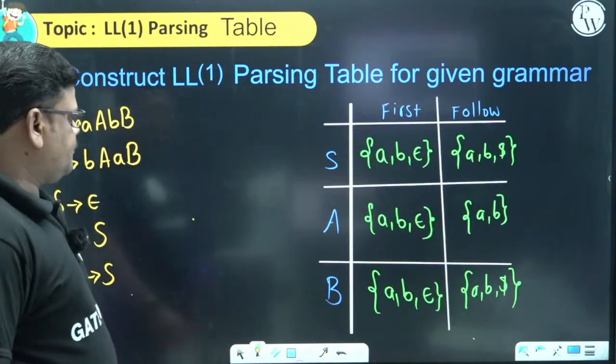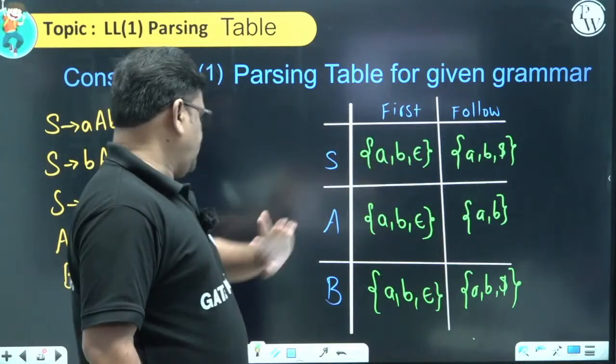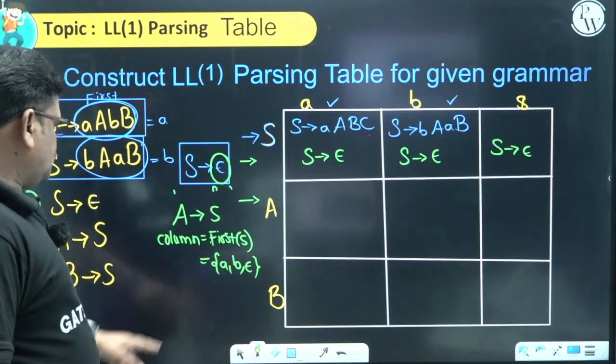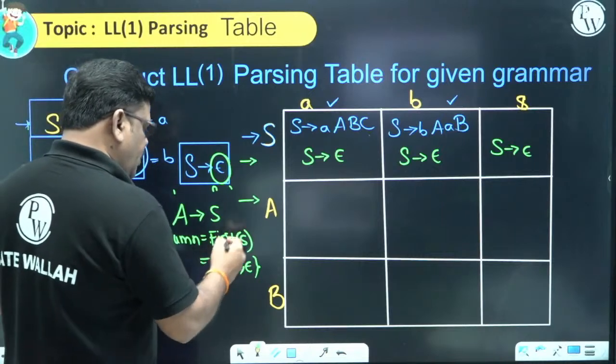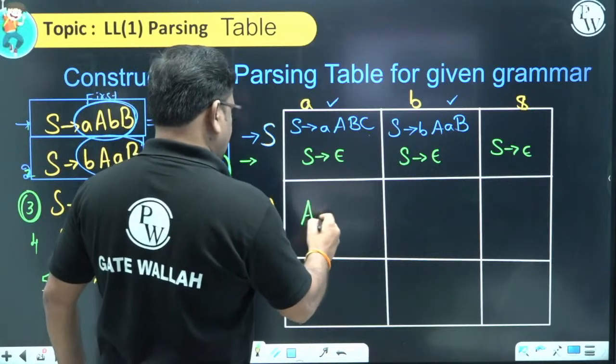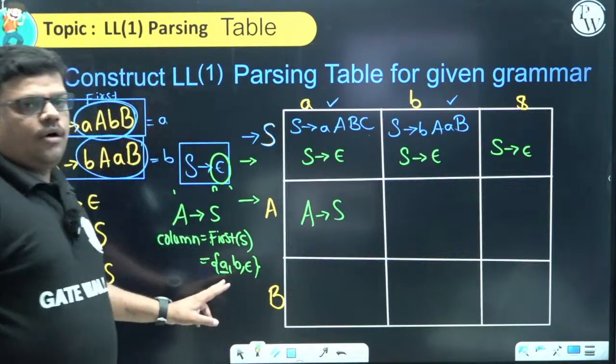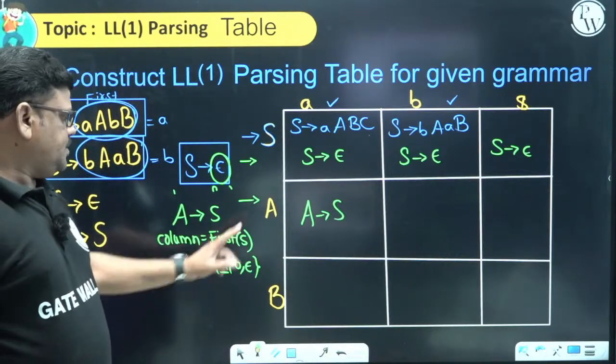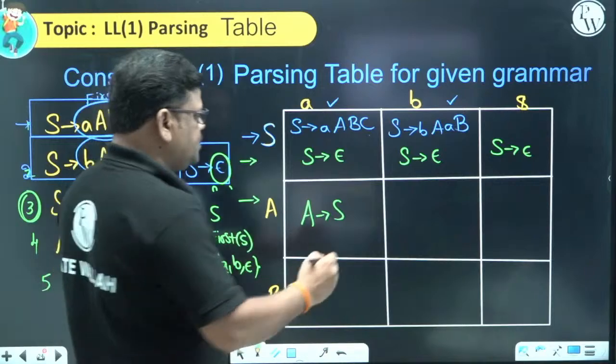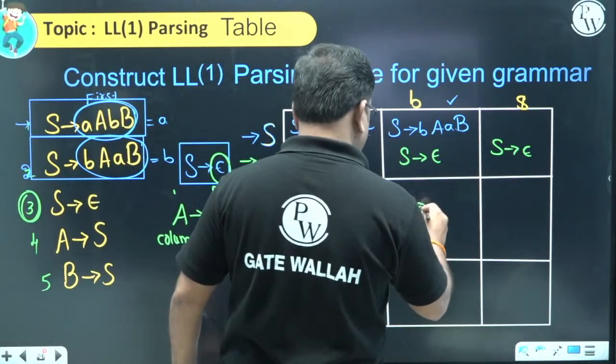Look at this, first of S, A, B, epsilon. So for the A position we have to give this. Look at the way of placing. The column is already decided. In the A position we have to place this, and in the B position we have to place this production.